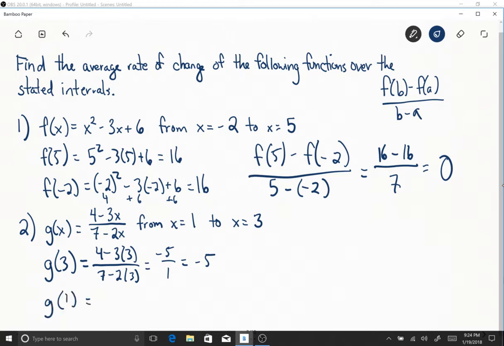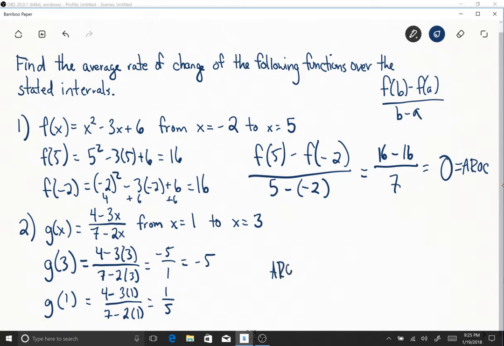Okay, so you get 4 minus 3 times 1 all over 7 minus 2 times 1. So notice you get 1 over 5, 1/5. So now, when we find the average rate of change, I should label that.